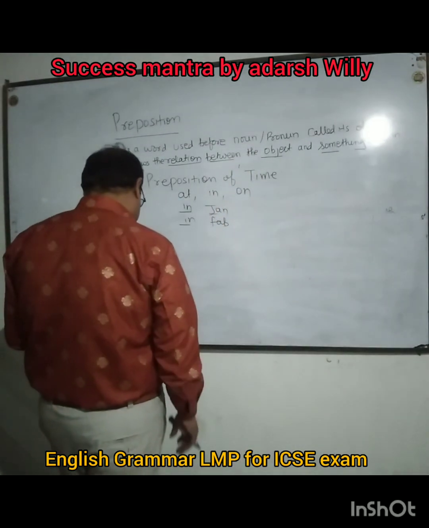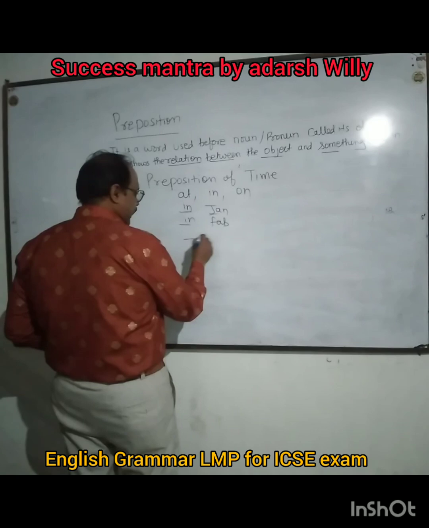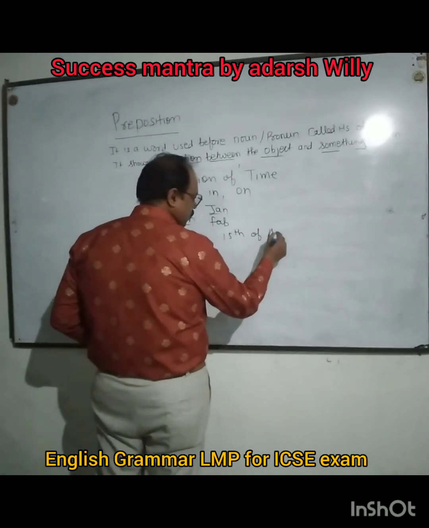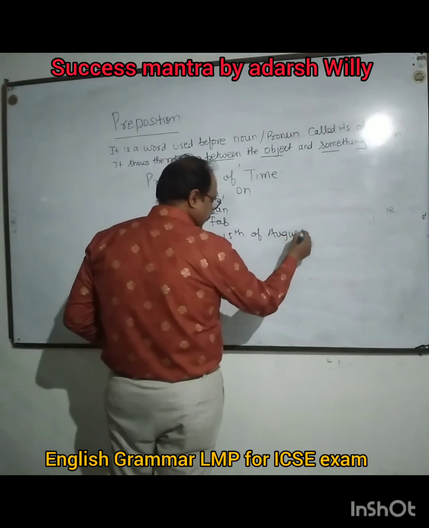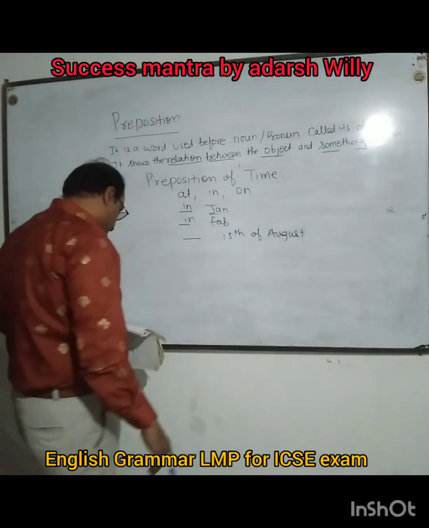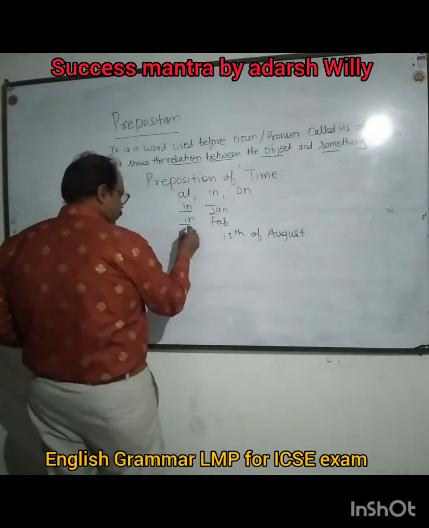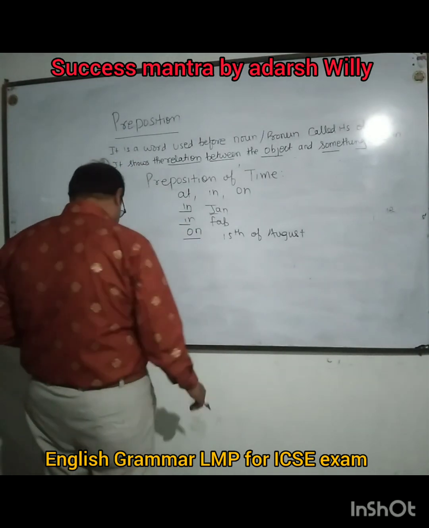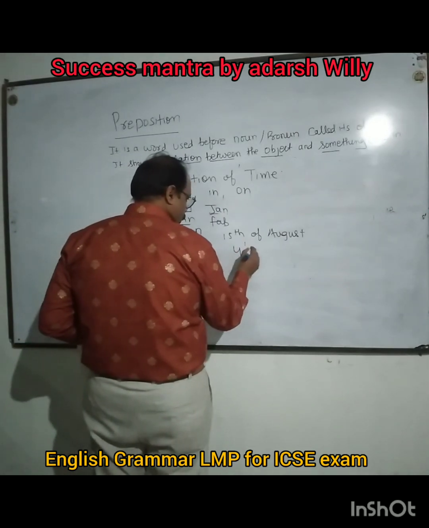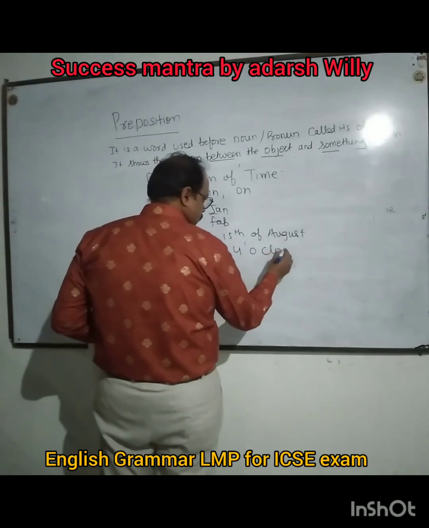अच्छा, when you are using the date like dash 15th of August. ठीक है? In this case, what will you do? On. You will use the word on. ठीक है? Now in this case, dash 4 o'clock.